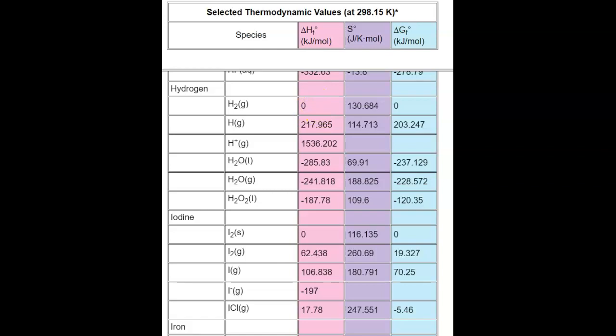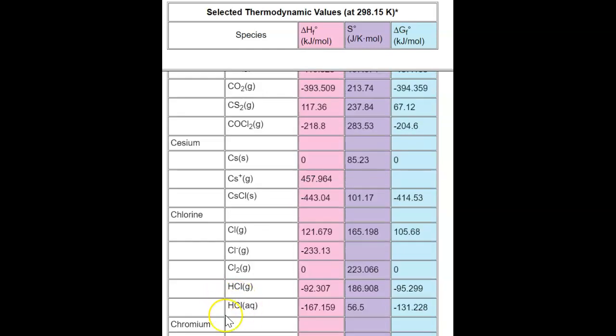And then your next one is your hydrochloric, and your hydrochloric is found underneath chlorine. In this case, you'll have to check to see how your book lists it. Again, make sure you know whether or not you are doing hydrochloric gas, so hopefully you noted that our hydrochloric was a gas. So we're going to be using the negative 92.307. Okay, let's go back to our problem.